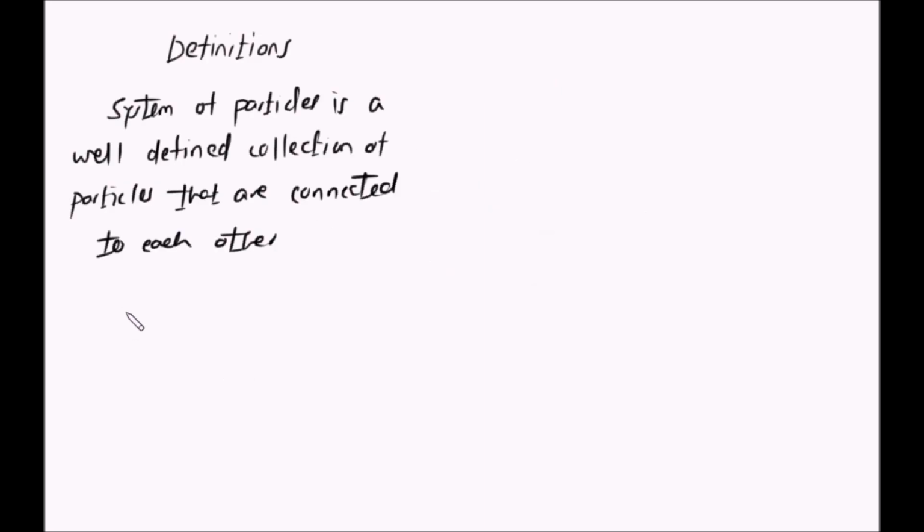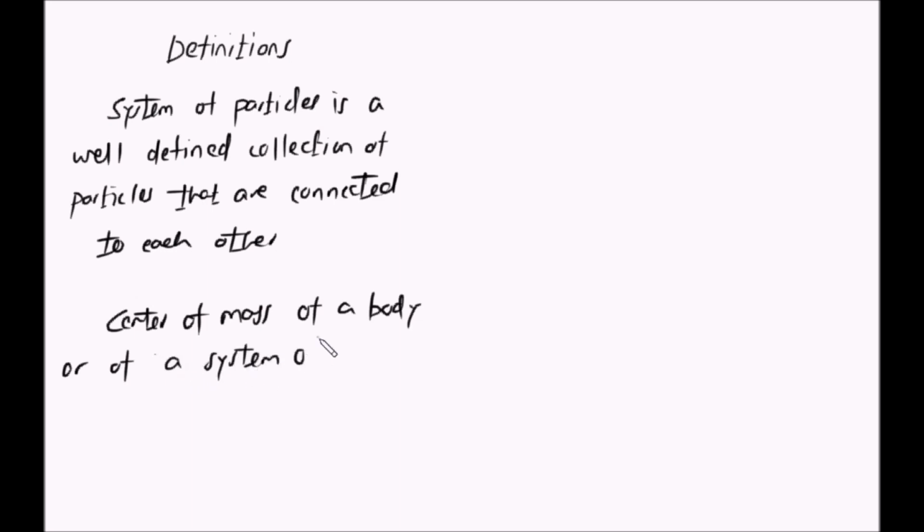So center of mass of a body or of a system of particles. So kwa kesi yetu sisi pale tumeanza na system of particles. So a center of mass of a system of particles. What is it? So we say is a point.